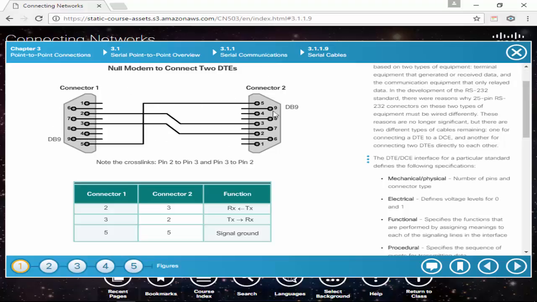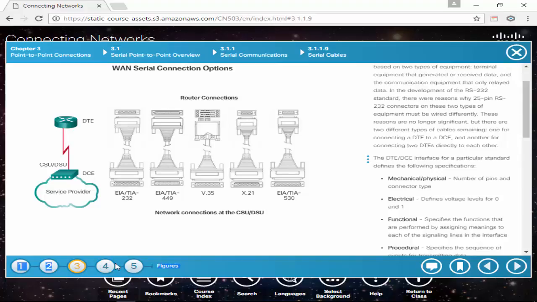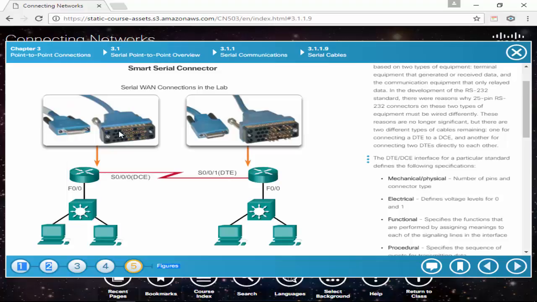Like we can't take a DTE side that's wired for a DCE, because we can screw these together, right? Like this side with this side. So DTE has the pins, DCE doesn't, and so we can't take, as you can see, a DTE with a DTE.